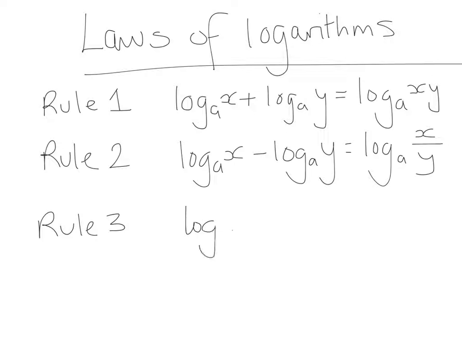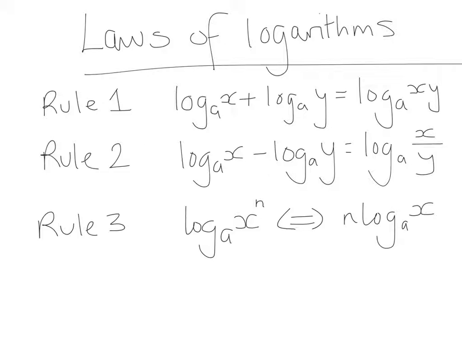Log to the base a of x to the power n can be written as n times log to the base a of x. So here we can go in both directions, which is what the arrow in between implies. If we have a log to the base of a power and that power has been raised to another power, that top power can come to the front.